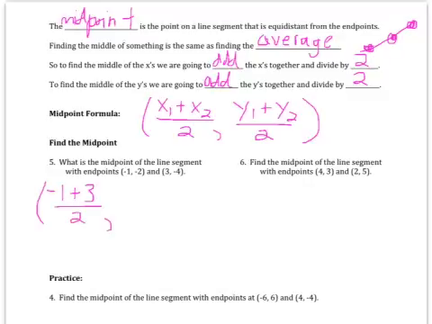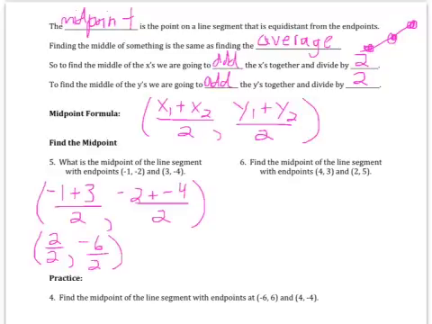Then we're going to take our y's, -2 plus -4, add those together and divide by 2. So -1 plus 3 is 2. We still need to divide it by 2. And -2 plus -4 is -6, and we need to divide that by 2. So our final answer for the midpoint is (1, -3).